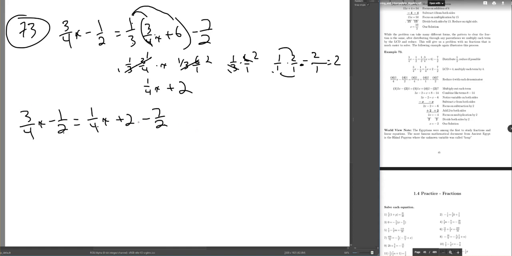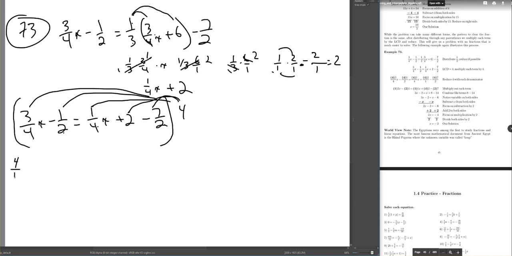So let's take a look at this first. Let's put all this in a big bracket and multiply by 4. What we're really doing is multiplying both sides by 4. So we're going to rewrite this equation except multiplying all this stuff by 4.